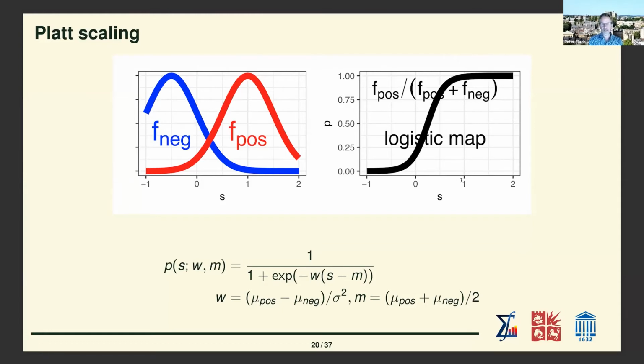And then at the bottom, we have essentially the familiar logistic curve, which is 1 over 1 plus e to the power of a linear formula. And the logistic curve has 2 parameters. One is the distance between the means of the 2 normal distributions normalized by their variance. And the midpoint is the mean of means, essentially.